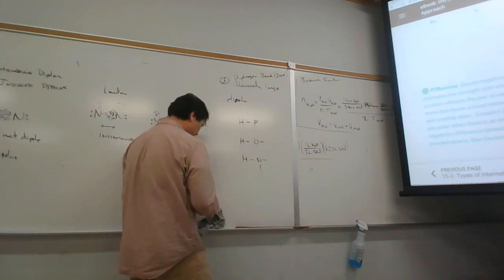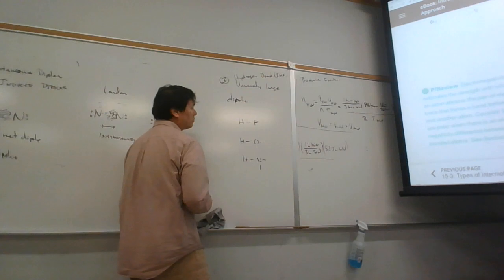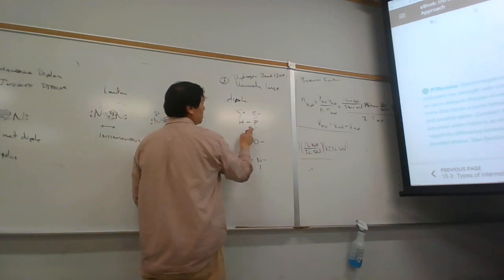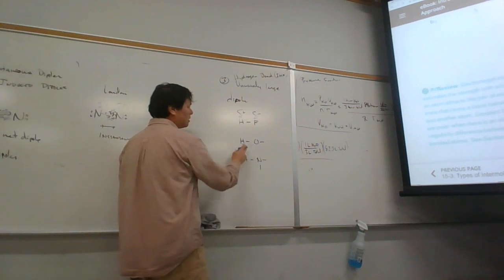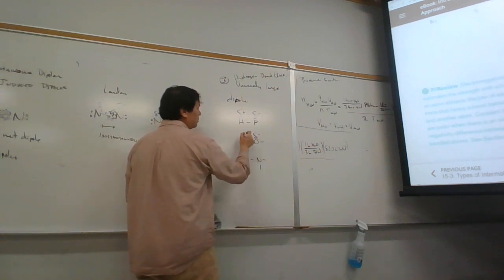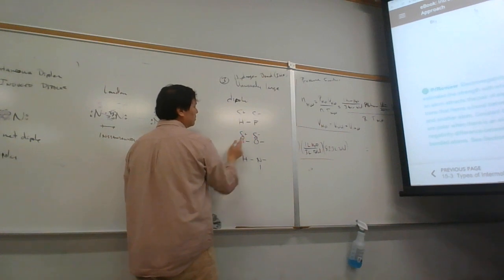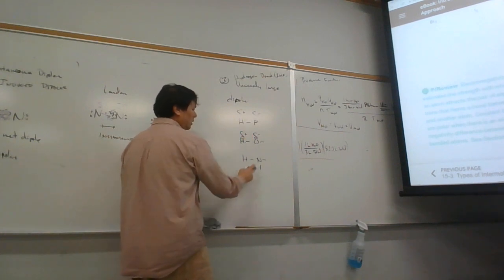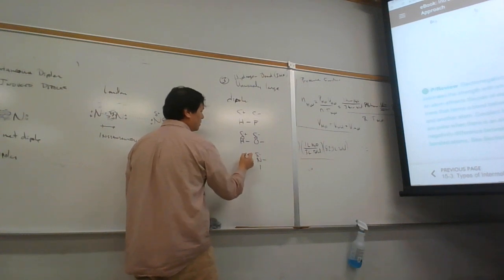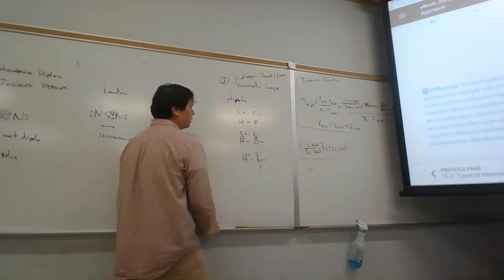Hydrogen bonded to fluorine is going to give us the biggest permanent dipole. And so that's going to have the biggest delta plus and the biggest delta minus. Fluorine's the most electronegative. The second most electronegative element on the periodic table is oxygen, and so we expect a little bit smaller delta plus and delta minus. And the third most electronegative is nitrogen, and so a little smaller here.